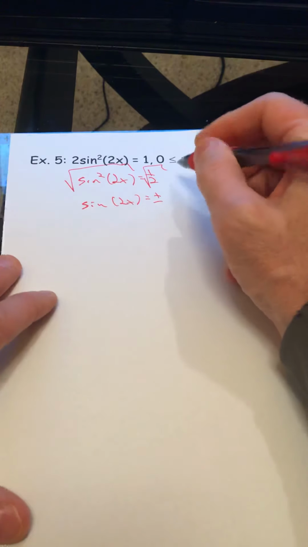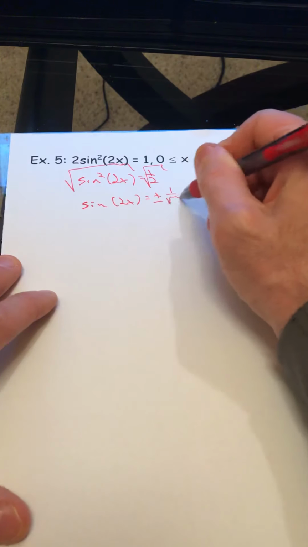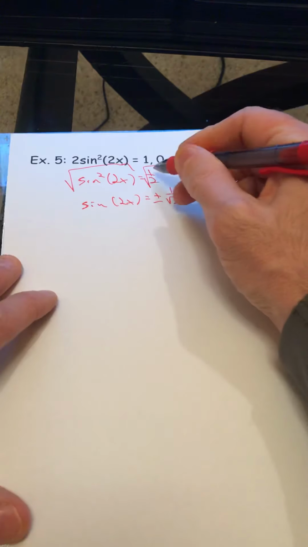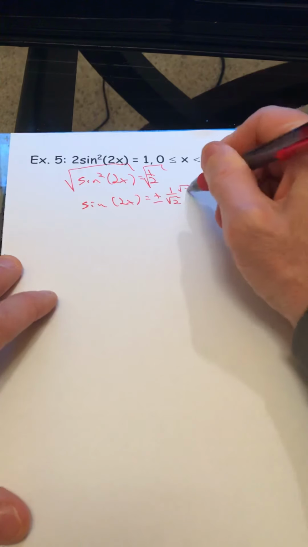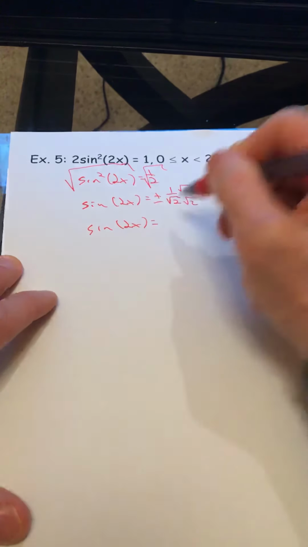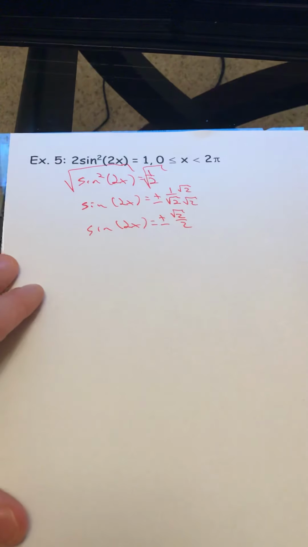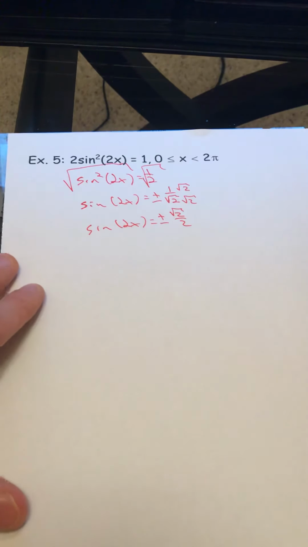Square root of 1/2 basically becomes 1 over radical 2, because I am square rooting both. When I rationalize, I have sine of 2x equals positive and negative radical 2 over 2.